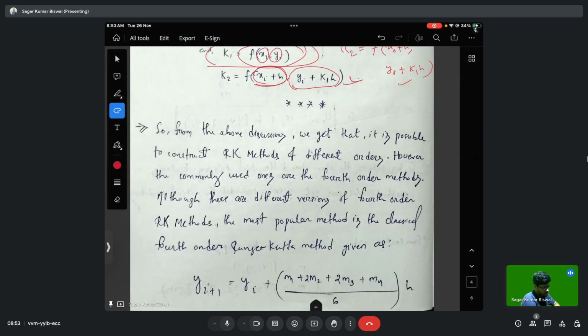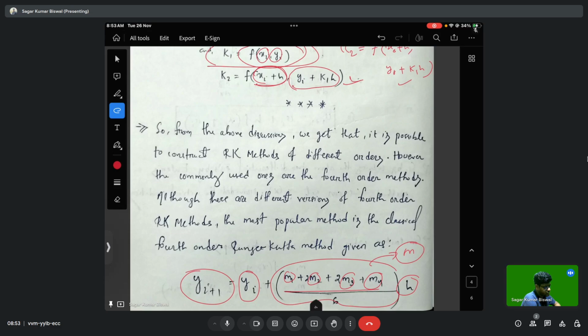This is the classical fourth order Runge-Kutta method, that is yi plus 1 will be equal to yi plus this weighted average of slopes at 4 different points into the step size. So this is the m. The form is same, just the m is different.